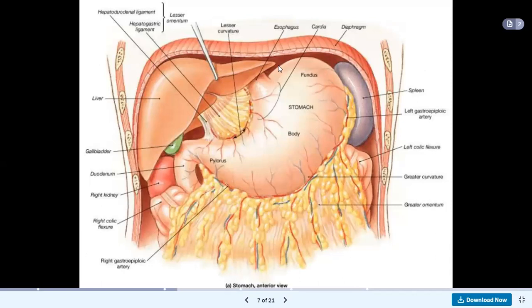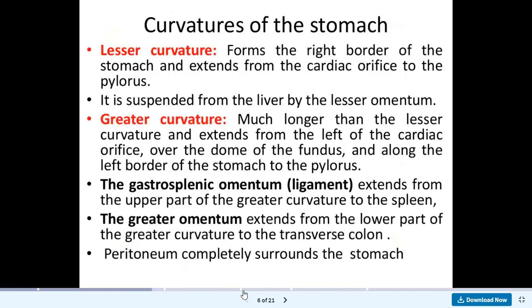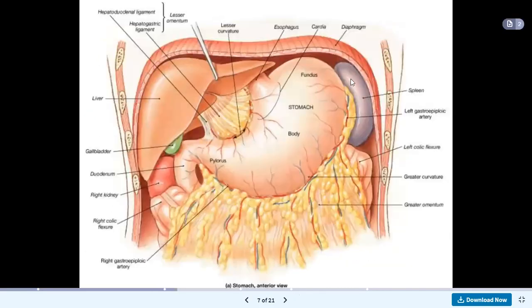Now, the upper part of the greater curvature, so we said this is the greater curvature, is joined to this spleen through the gastrosplenic ligament. So that ligament extends from the upper part of the greater curvature to the spleen. So that is the ligament connecting the spleen to the upper part of the stomach.